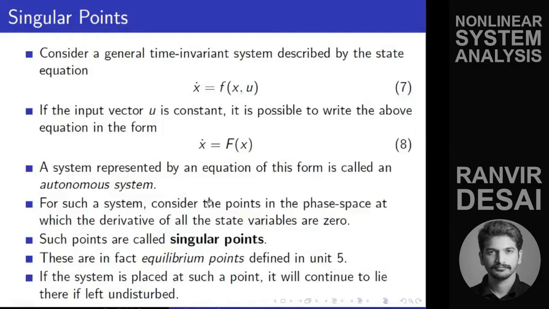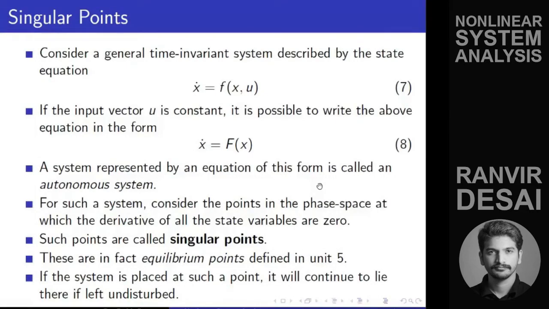For such systems, consider the points in the phase space at which the derivative of all state variables are zero. So what are these points? What does this mean? For such a system, consider the points in the phase space, the phase plane. Basically, space and plane are the same thing. The phase space at which the derivative of all the state variables are zero.